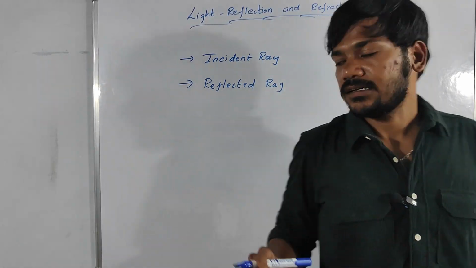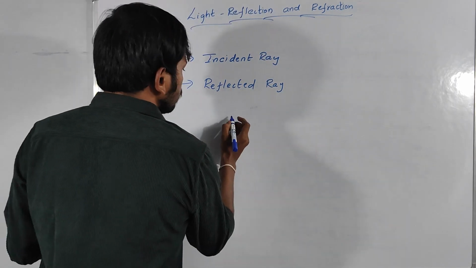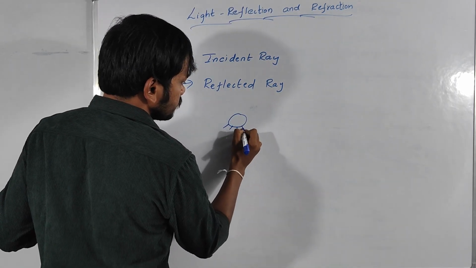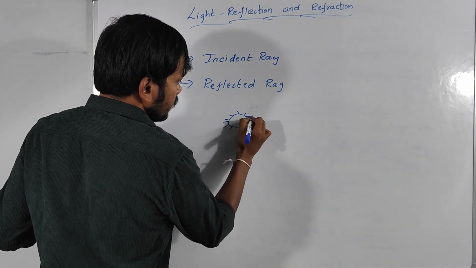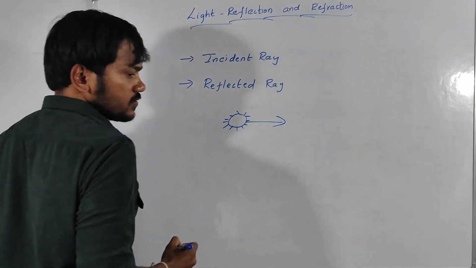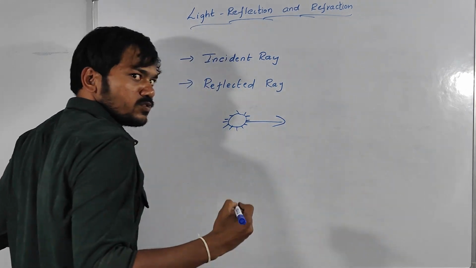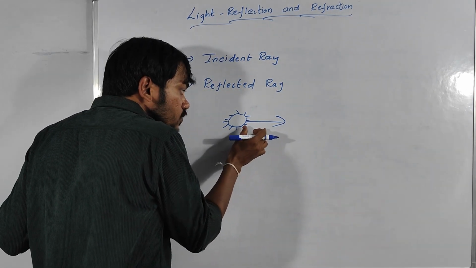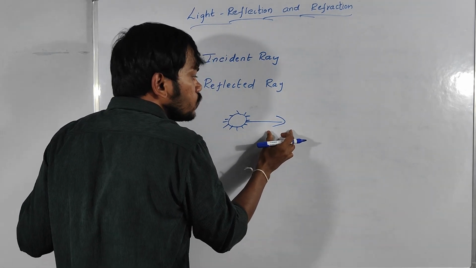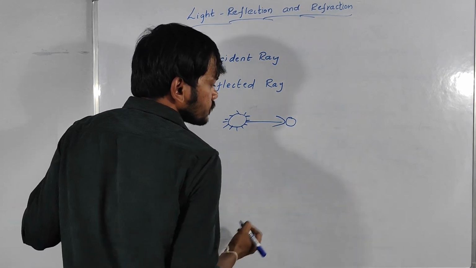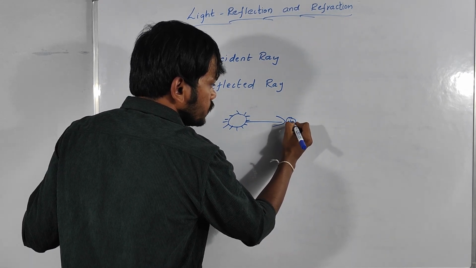First, what is the incident ray? Obviously, that which comes out from the source. The light ray which comes out from the source and falls onto an object.